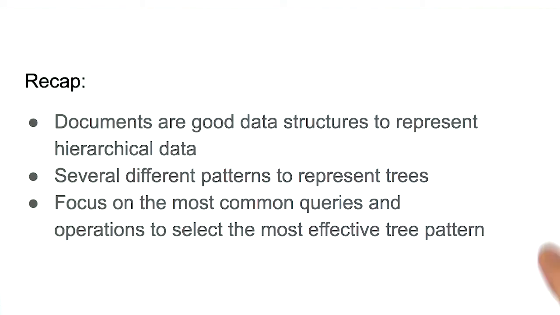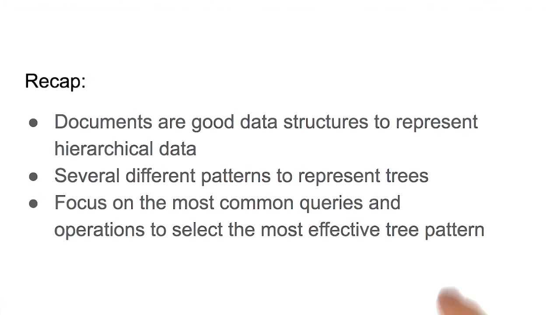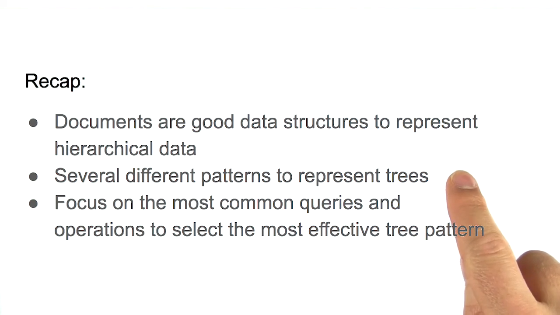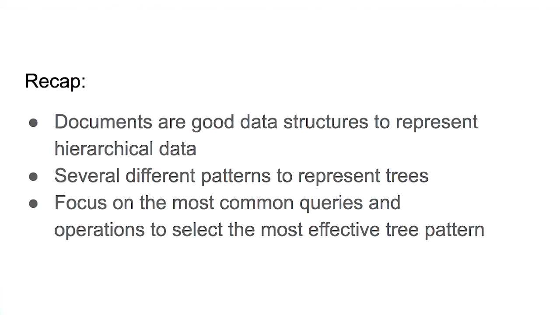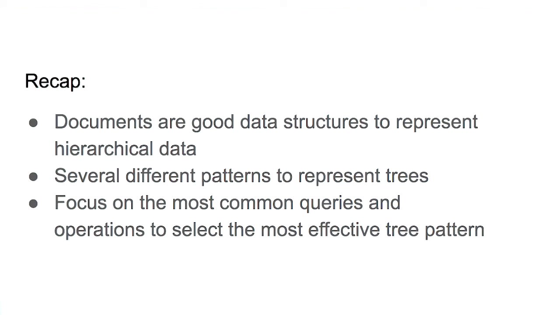But let's recap. Documents are very good data structures to represent nodes in a tree. The fact that documents can hold parts or branches of the tree within themselves allows us to represent in a very efficient way models that do not rely on suboptimal joins to retrieve the hierarchical information we require for each node.